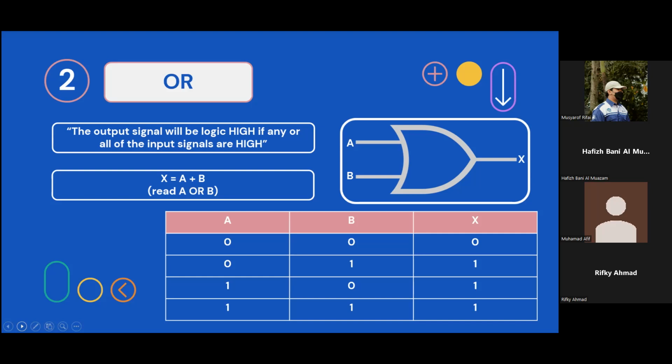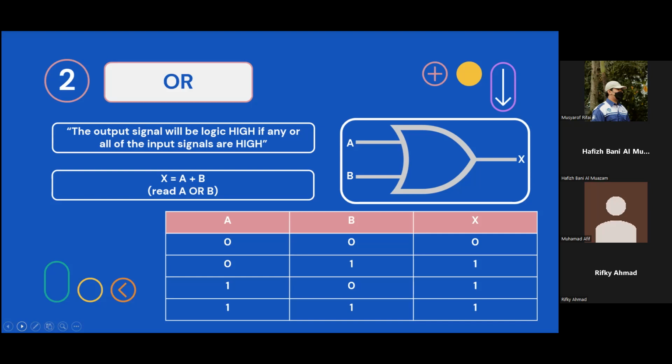The OR gate has the property that if one of the input signals is high, the output signal will be high as well. Simply, for an OR gate the output signal will be logic high if any or all of the input signals are high.